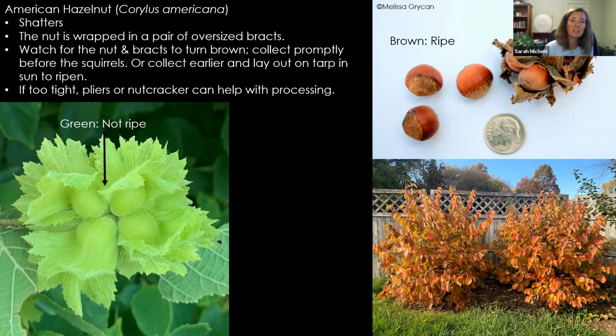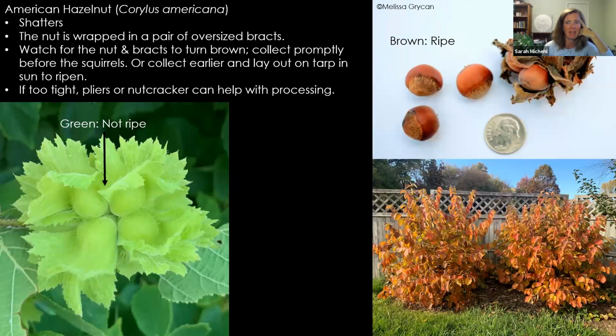Now, here's what can happen. This is what happens in my yard. The squirrels start taking them before they're ripe. They take them in like August. They taunt me and eat them on my deck, and they're crunched all over the deck. So some people will collect them earlier, like in August when they're green, and lay them out on a tarp in the sun with air circulation.